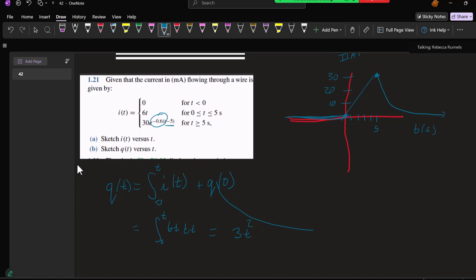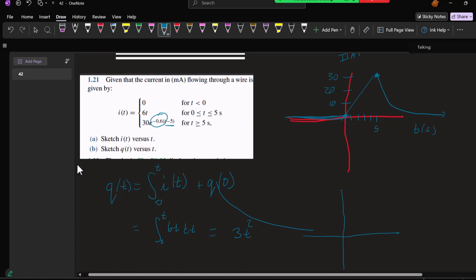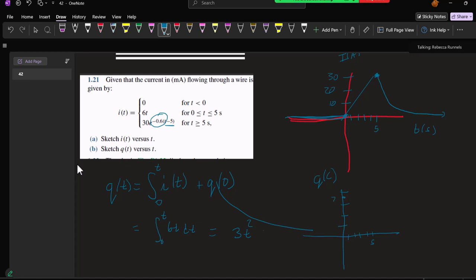So it's 3t squared. From 0 to 5, it's 3t squared. If I plug 5 in, I get 75. So this will be Q in coulombs. So 20, 40, 60, 80. I'll make that 75. And 3t squared is a parabola.